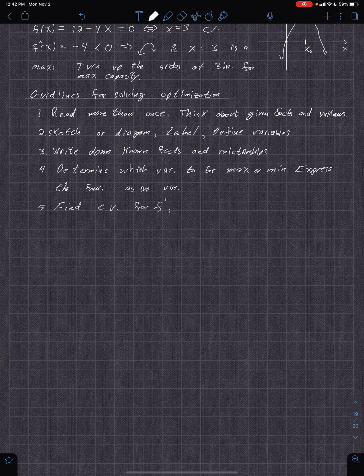Number five, find critical values for f prime and f double prime. I'll put back here, consider the domain of the function. So what's the domain of your variables? Number six, determine extrema.